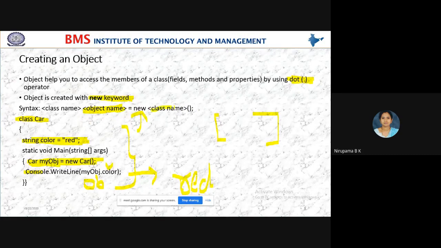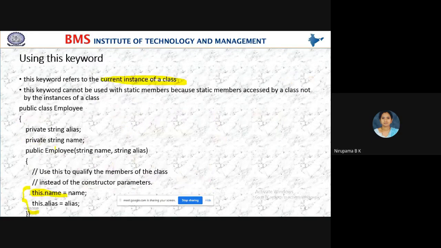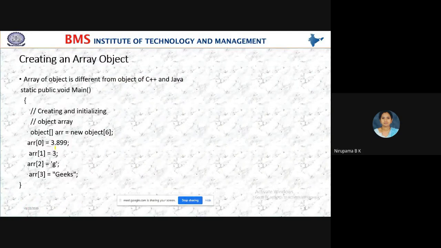This is the syntax. According to this syntax I have written this program and shown its execution. We have also seen the usage of the this keyword in the last class. Now we are creating an array object.